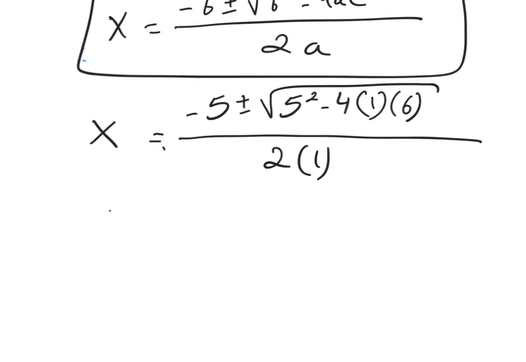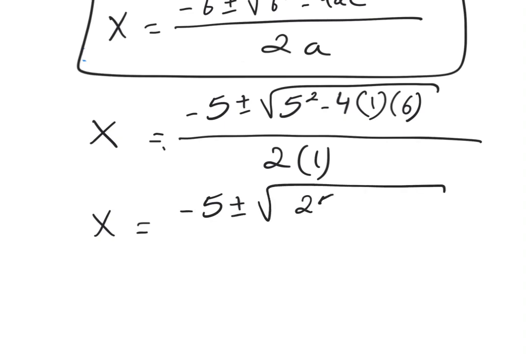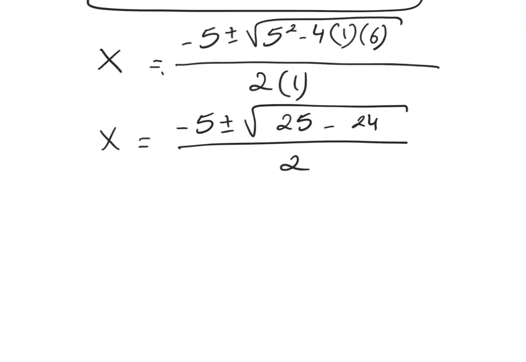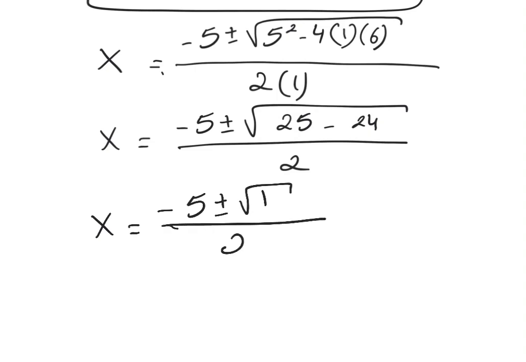So x equals negative 5 plus or minus the square root of 25 minus 24, over 2. That is negative 5 plus or minus the square root of 1, and the square root of 1 is just 1, over 2.